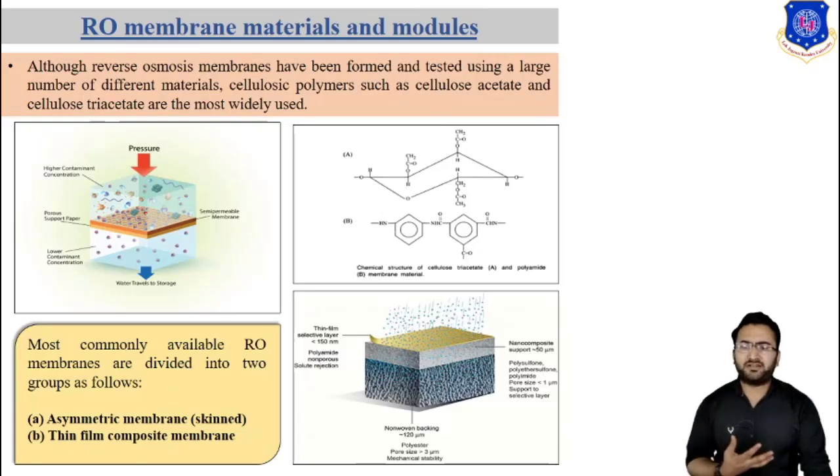The major limitation of cellulose acetate membrane is that it can only be used in aqueous solution, and it must be used below about 60 degrees Celsius.